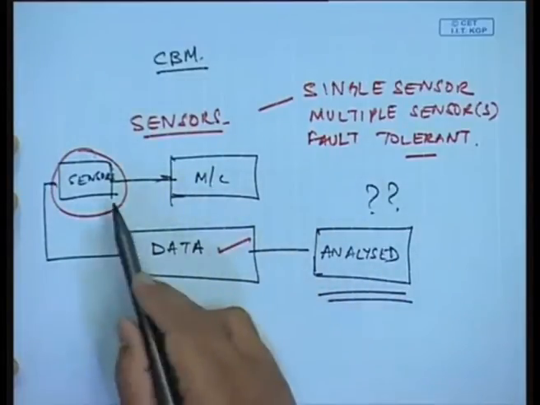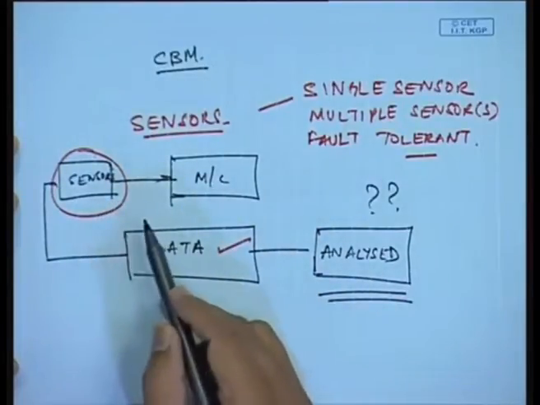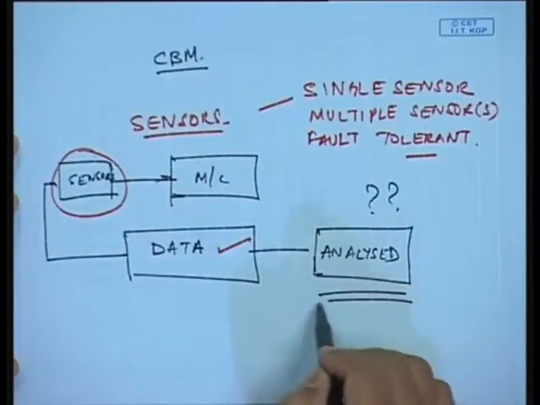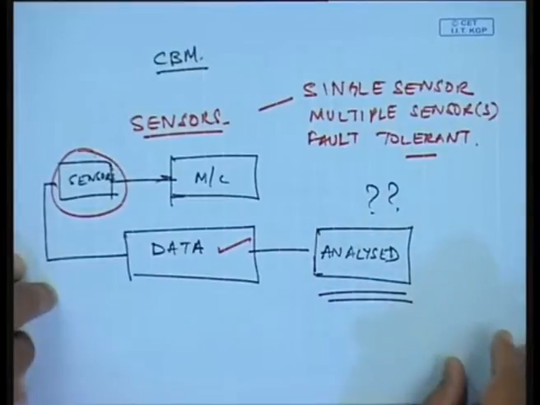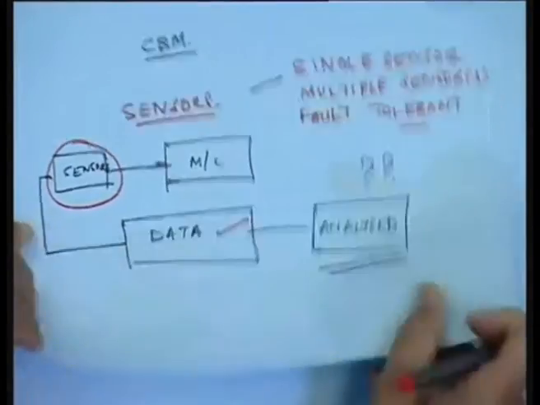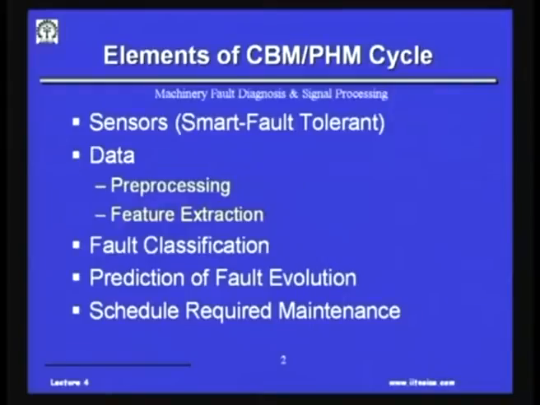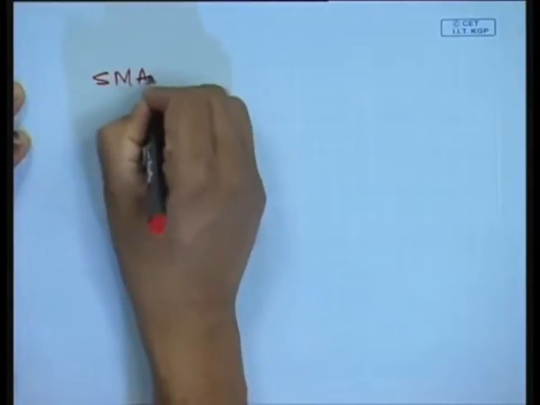To begin with, if the sensor itself is faulty and it is providing us wrong data, our analysis will be totally wrong. So, the most important feature of what sensors nowadays are used in CBM are what is known as smart sensors.